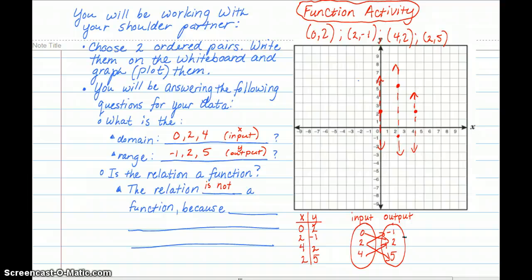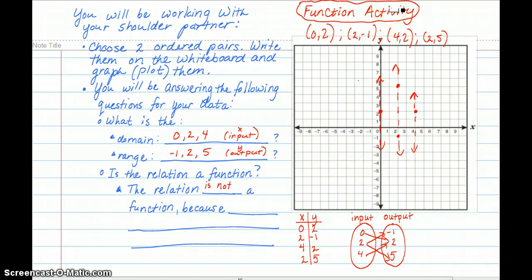So I want you to go through and look at your data and make a determination of how you would decide whether a relation, a set of ordered pairs, is in fact a function or is not a function.